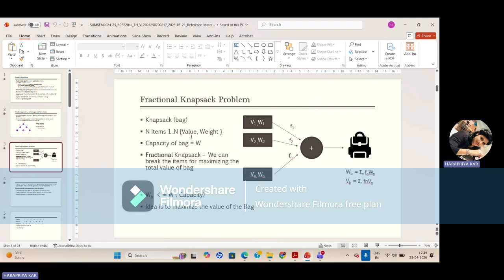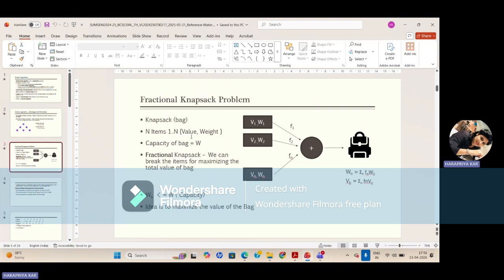So fractional knapsack means we can break the items to maximize the total value of the bag. Whatever item is there, we can break it to maximize the total value of the bag, because we have to get the maximum profit. In that way we break the items so that the total value of the particular bag is maximized.